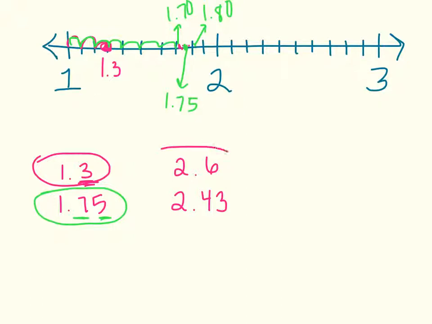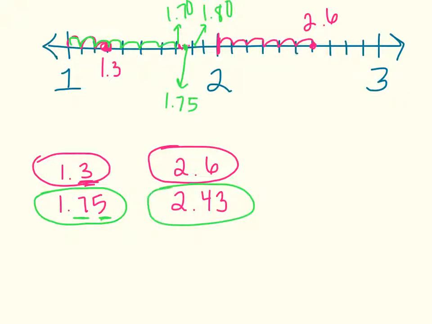The next example uses the whole number 2. So I know automatically I'm going to start at 2, and the decimal says go over 6 out of 10 spaces, or 6/10. So I'm going to count over 1, 2, 3, 4, 5, 6, and this will correctly label 2 and 6/10.